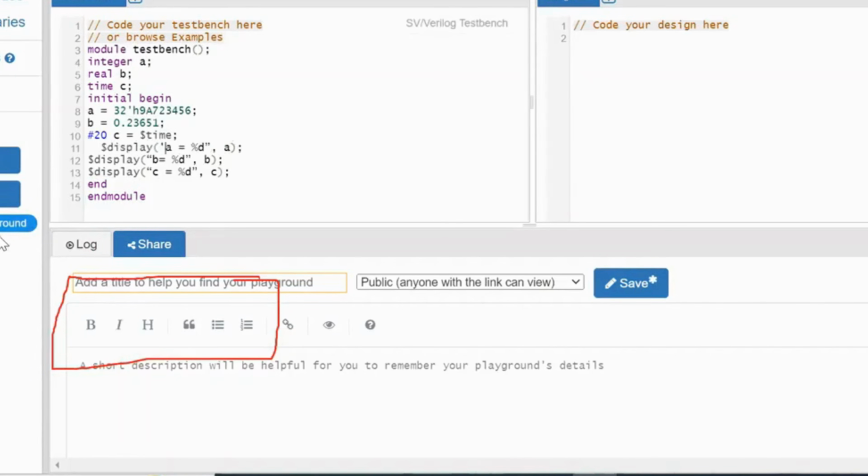Just observe. Just see here, I will show you.